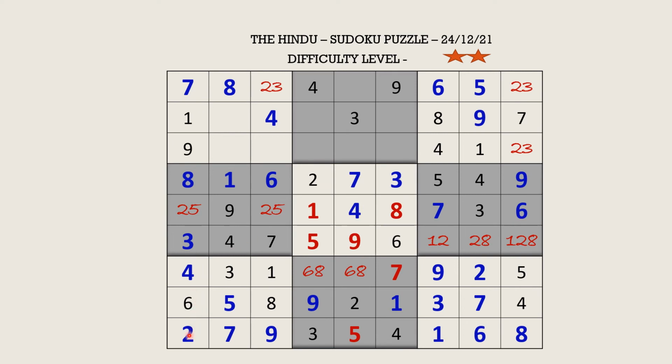So this 2 cancels out the 2 here. This becomes 5 and this becomes 2 and this becomes 3 and this becomes 2 and this becomes 3.